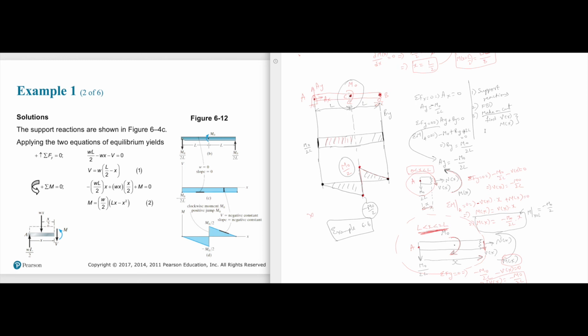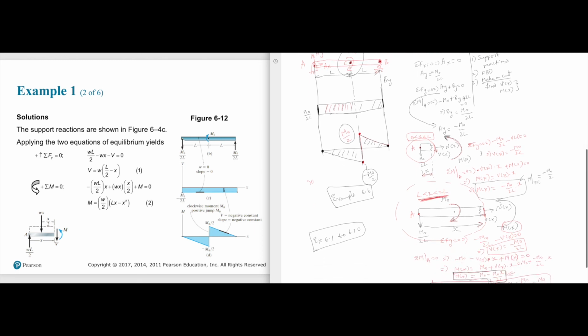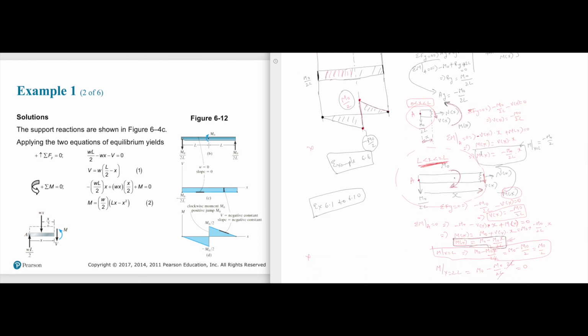Open the textbook, start from example 6.1 to 6.10, because I'm sure most of you may have already forgotten how to draw the shear force and bending moment diagrams. The procedure or approach, you may have forgotten because you took the statics course maybe 1 year back.